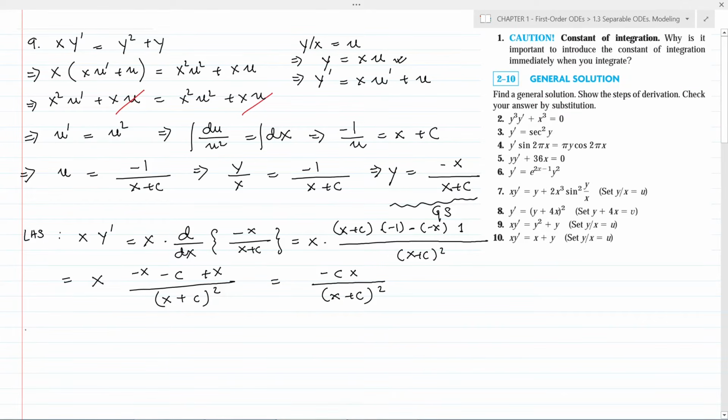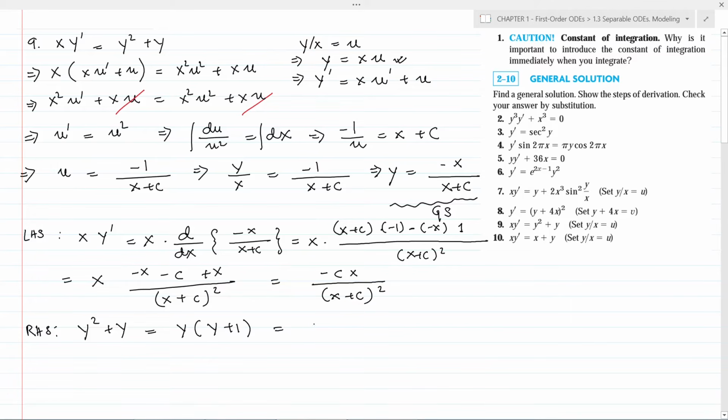Now we will solve the right hand side of the differential equation, which is y square plus y, or we can write this as y times (y plus 1).